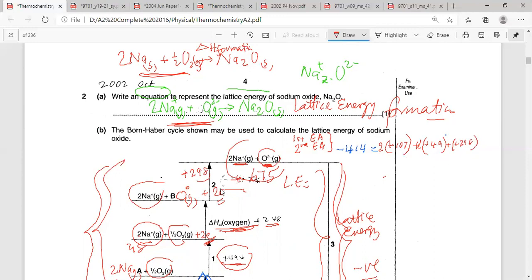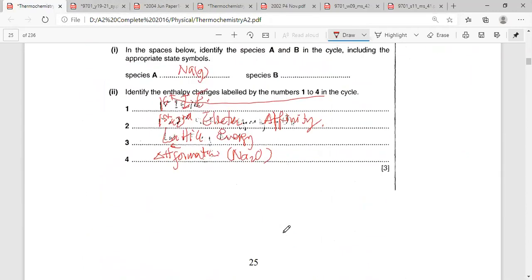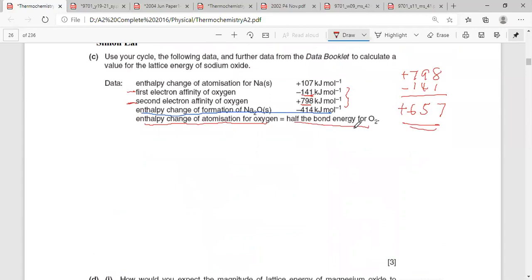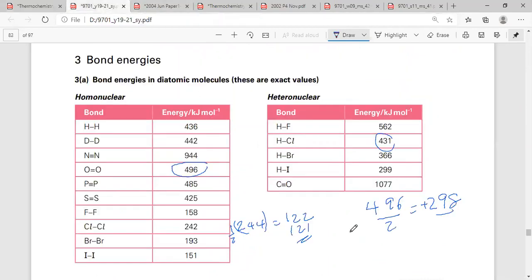Now then go up here. Here of course is your electron affinity. Sorry, wait. Okay, now 298 is in. Let's do it again, 298.